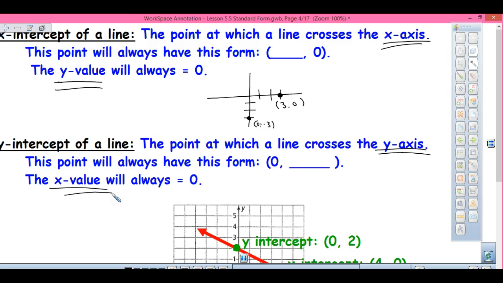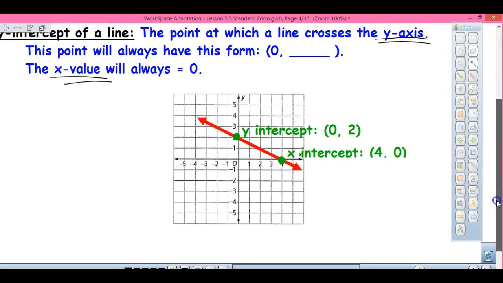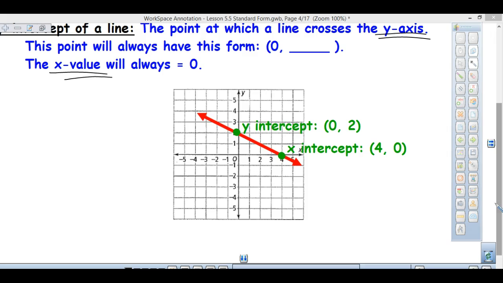For the x-intercept, what is 0? The y. For the y-intercept, what is 0? The x. It's always the opposite. On a graph, this is my y-intercept because this is where it crosses the y-axis, and my x-intercept is here because that's where it crosses the x-axis.